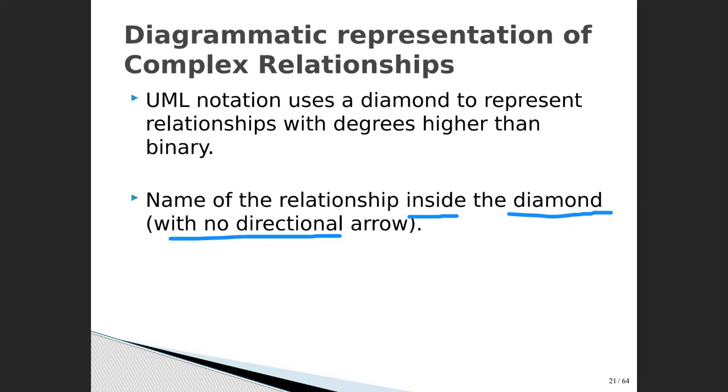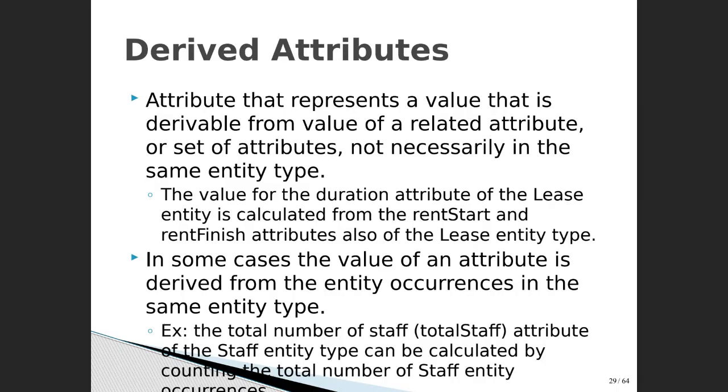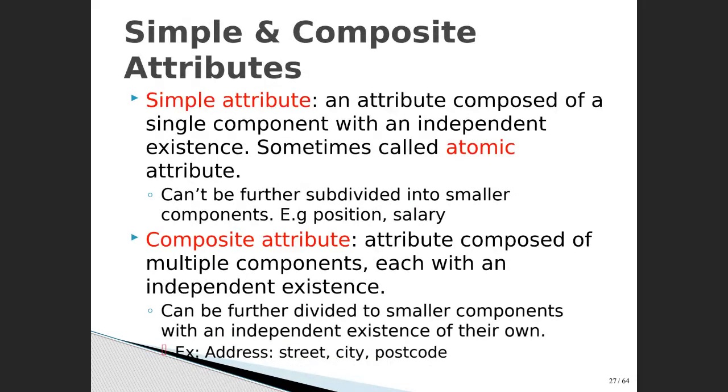Okay, let's talk about the types of attributes. We have simple and composite. What does it mean? Simple means it includes only one single component.